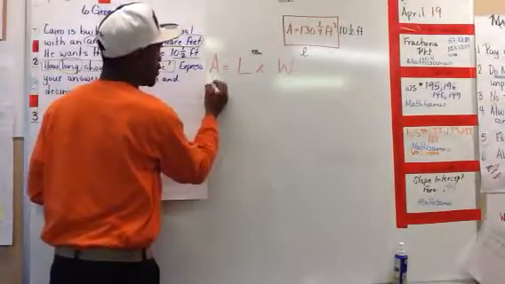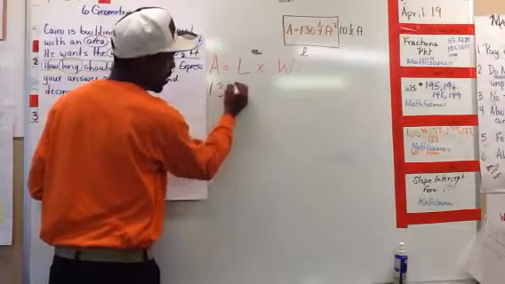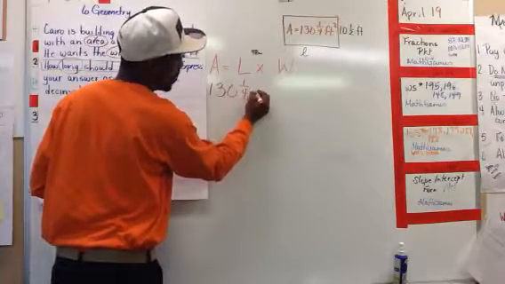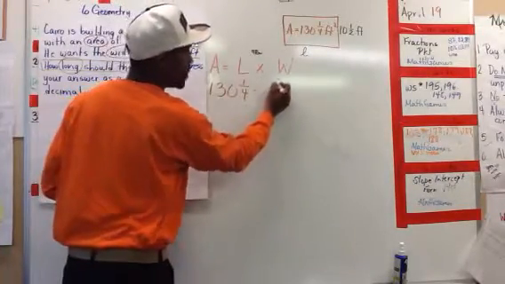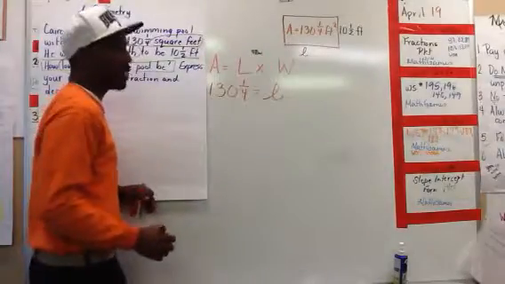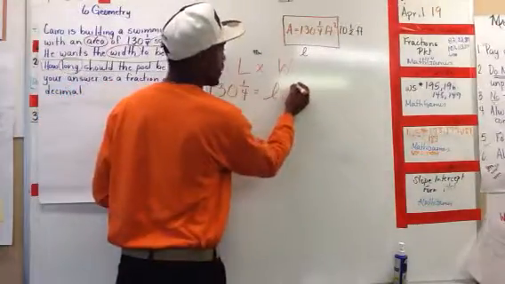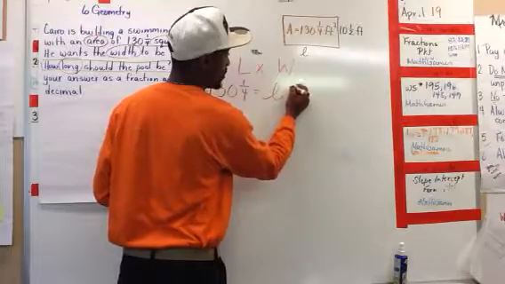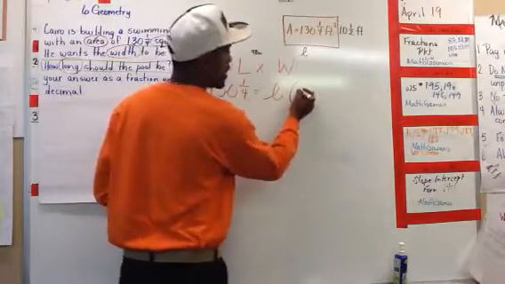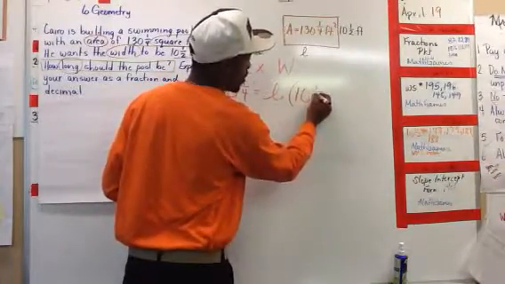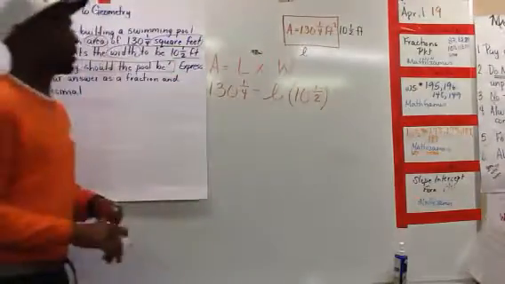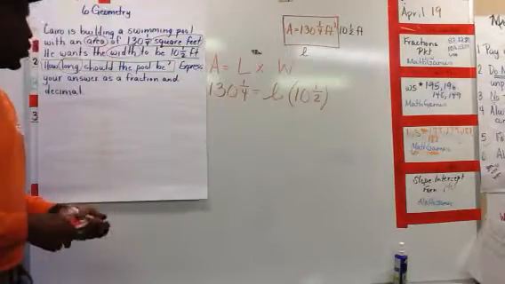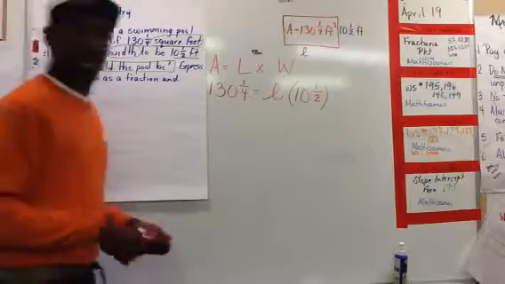Area is equal to 130 1/4. I don't know my L, so I'll just bring that L back down. And my width, I can either use the multiplication symbol or I can put it in parentheses. My width is 10.5. Okay? Is it looking like something I'm used to seeing?